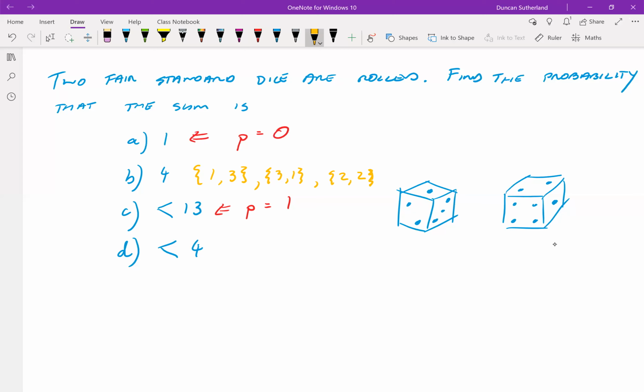And now we've got to count the total number of possible outcomes. These are our favorable outcomes where it sums to 4. We've got to count our total outcomes. So there's 6 possibilities on the first die, and there's 6 possibilities on the second die. The total number is 36.